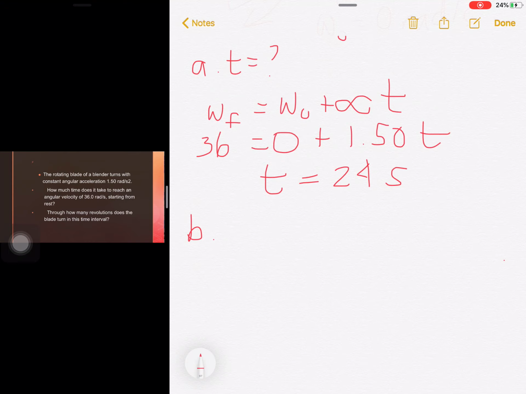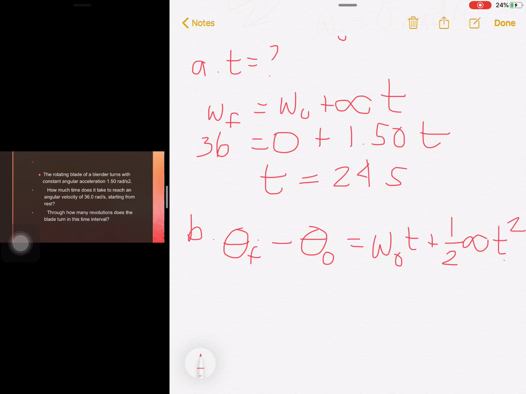So again, choosing the formula using elimination, you can see that the formula that we can use is theta f minus initial theta is equivalent to omega o times time plus 1/2 angular acceleration times time squared.